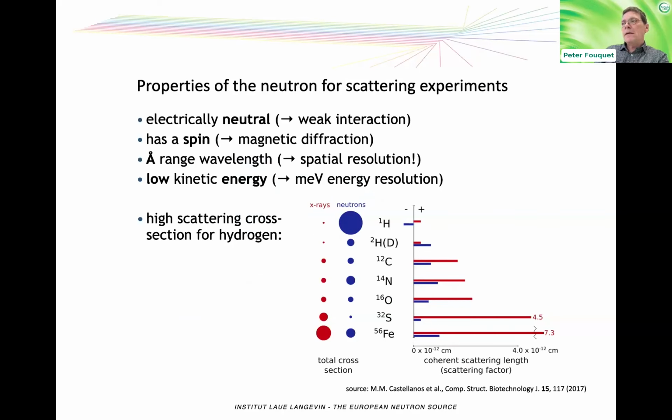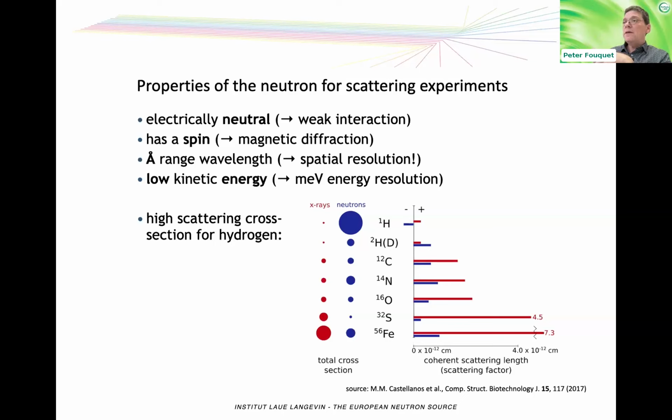In the energy range with which we use neutrons, you can get an angstrom range wavelength, which means that in terms of scattering properties, in terms of diffraction, you can get a spatial resolution of the angstrom range as well, which is important to look at matter on an atomic length scale.